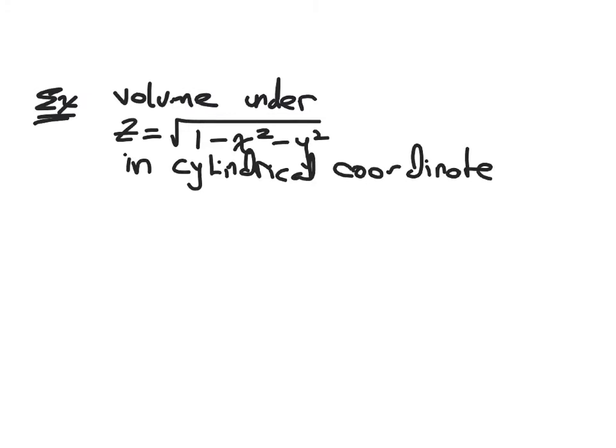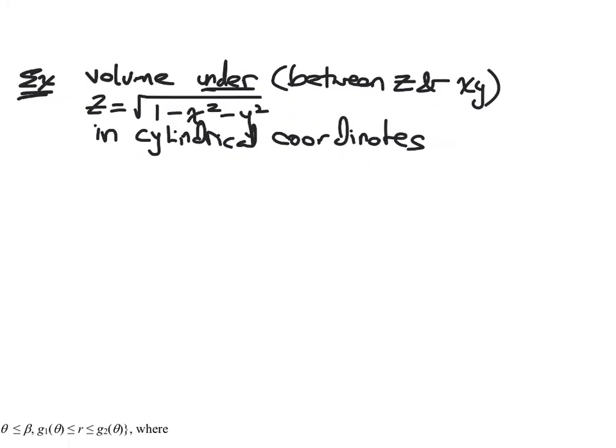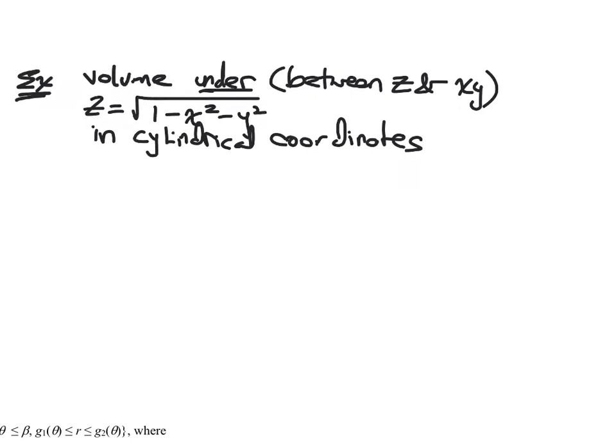So we'll just find the volume of the entire, I'll just do a hemisphere. All right, so the volume under would be between the function and, so between z and xy.